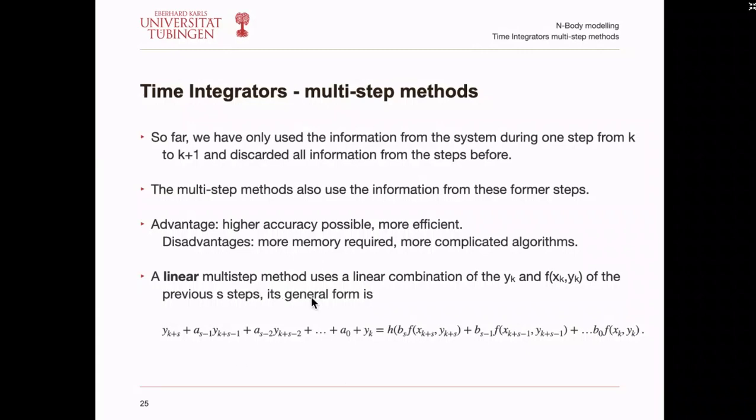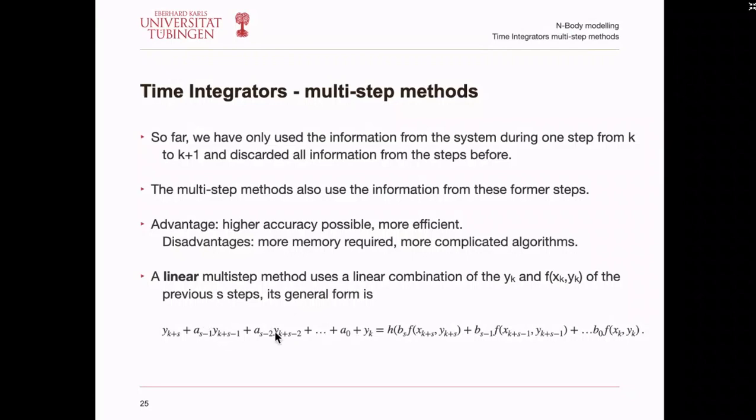A linear multi-step method is one where the factors for each previous step are linear, so you have a linear combination of all your previous steps. If you have an s-step method, then you have these s steps before, which you have calculated.